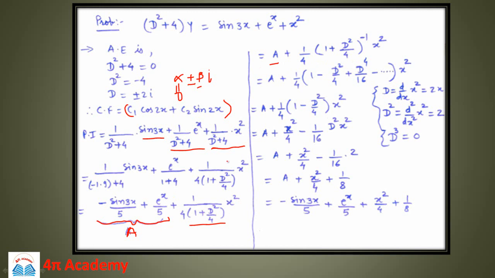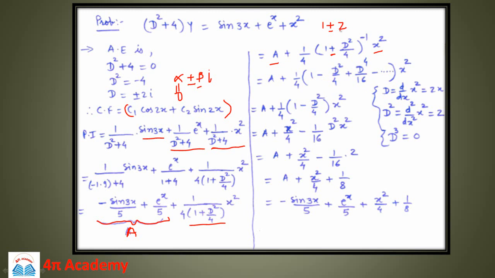So this is a plus 1 by 4 into 1 plus d square by 4 raised to minus 1 into x square. Since this term is plus, that is of the form 1 plus z, whenever there is a plus sign, the terms are alternately plus and minus. So here it will be a plus 1 by 4 into 1 minus z plus z square minus and so on. So the terms will be alternately minus and plus.